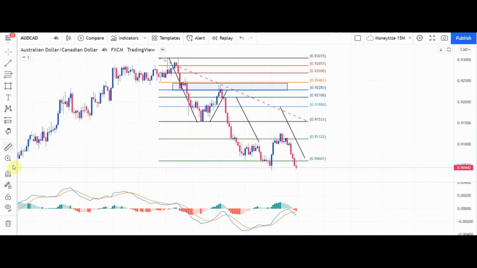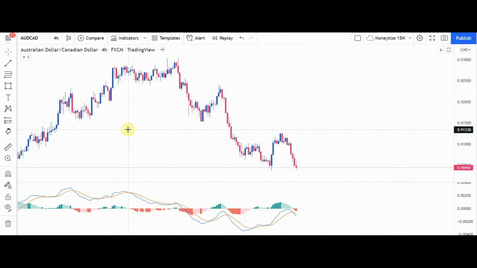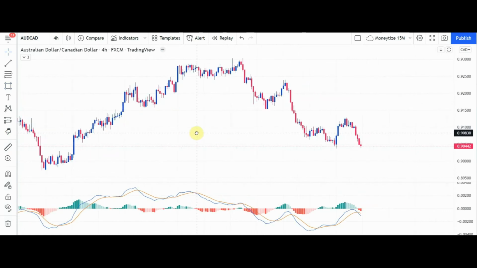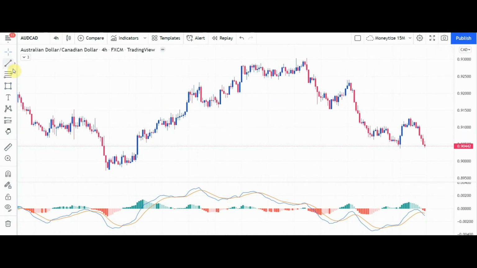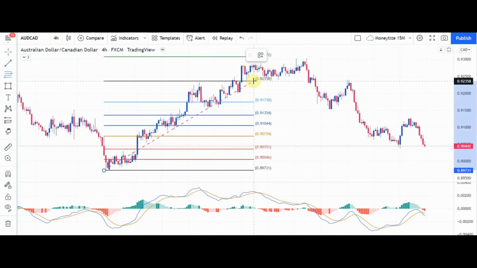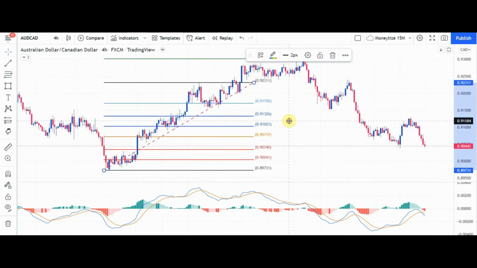Now, let's find any other setup which is not exactly a 50 to 61.8 retracement, maybe lower than that. So on the same chart, let's do one thing. Let's take the retracement from this lowest to this highest level. Yeah.